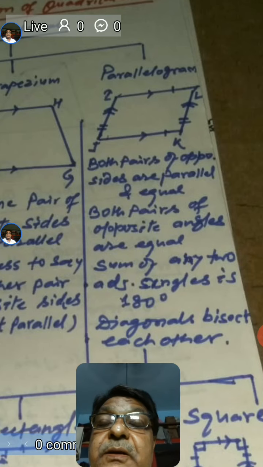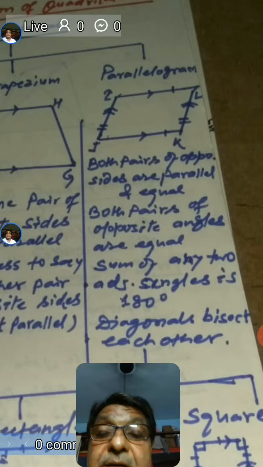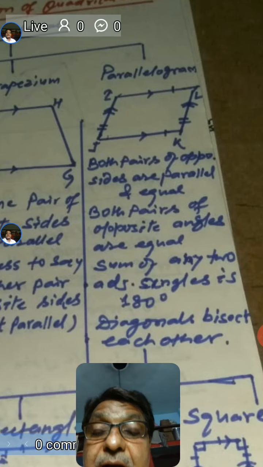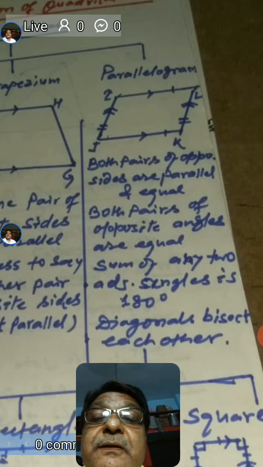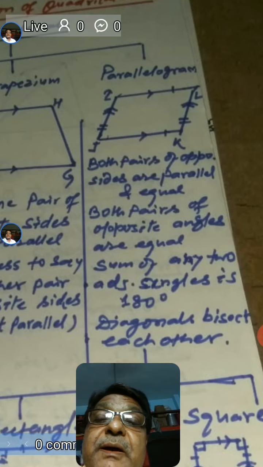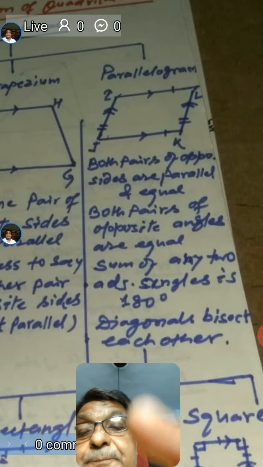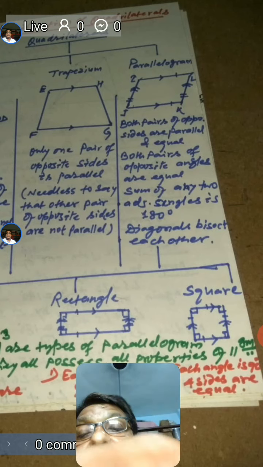And the last very important property is that in a parallelogram, both diagonals bisect each other, that is IK bisects diagonal JL, and when JL is drawn, it bisects the diagonal IK. Now student, I think it's okay.